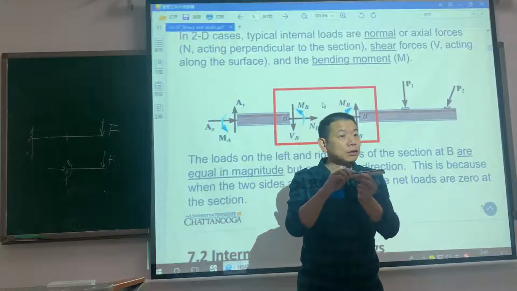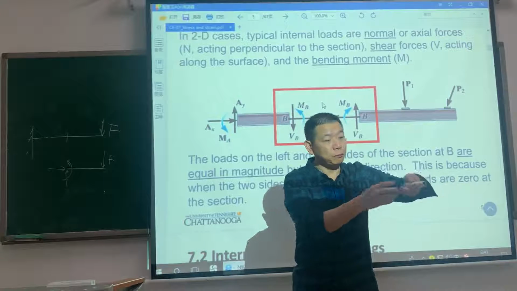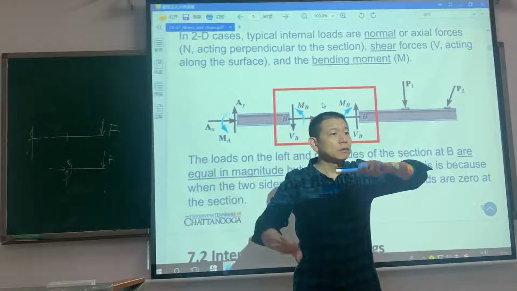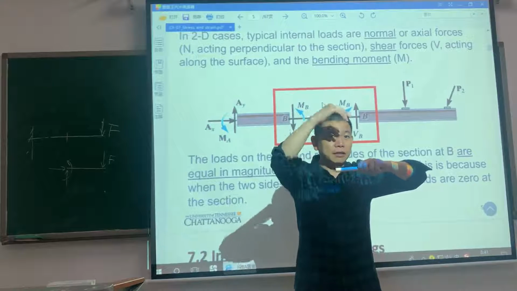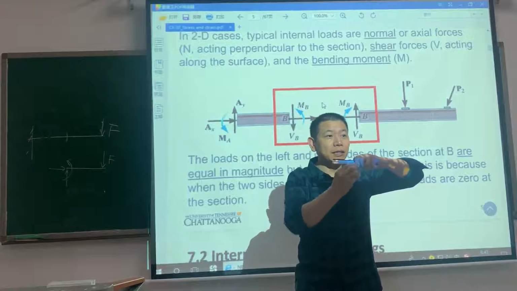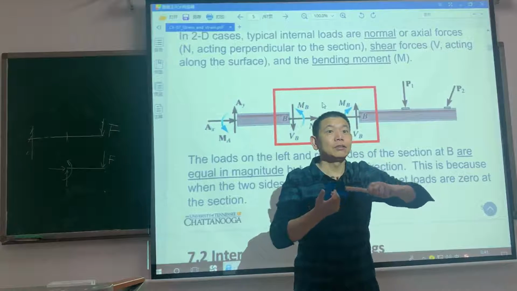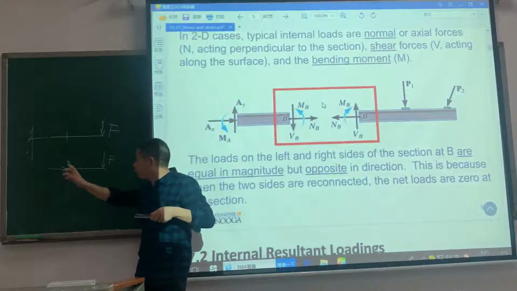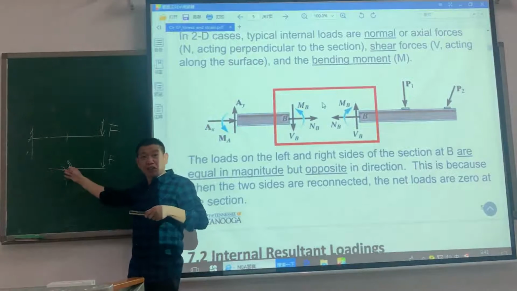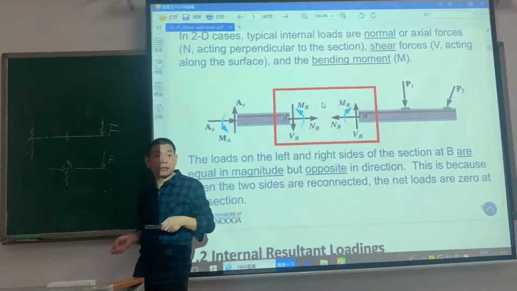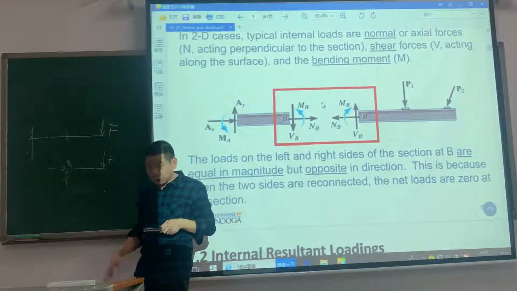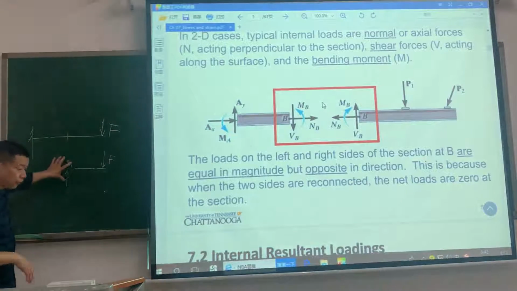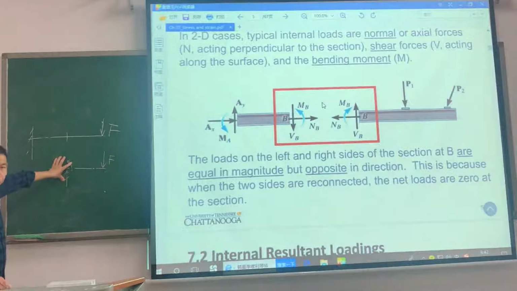If this part is fixed, this part can't move. It can't move like this, can't move like this, it can't rotate. So why can't it move? Because the other part exerts forces on this part. So it's a fixed end.